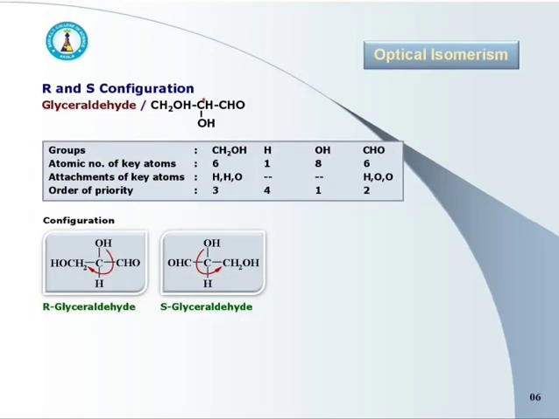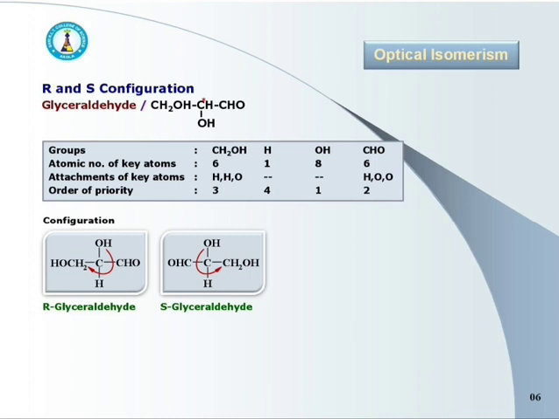Next is glyceraldehyde. Molecular formula CH2OH, CHOH, CHO. The four different groups present are CH2OH, H, OH and CHO. Its key atoms are, for CH2OH, the key atom is carbon, then hydrogen.